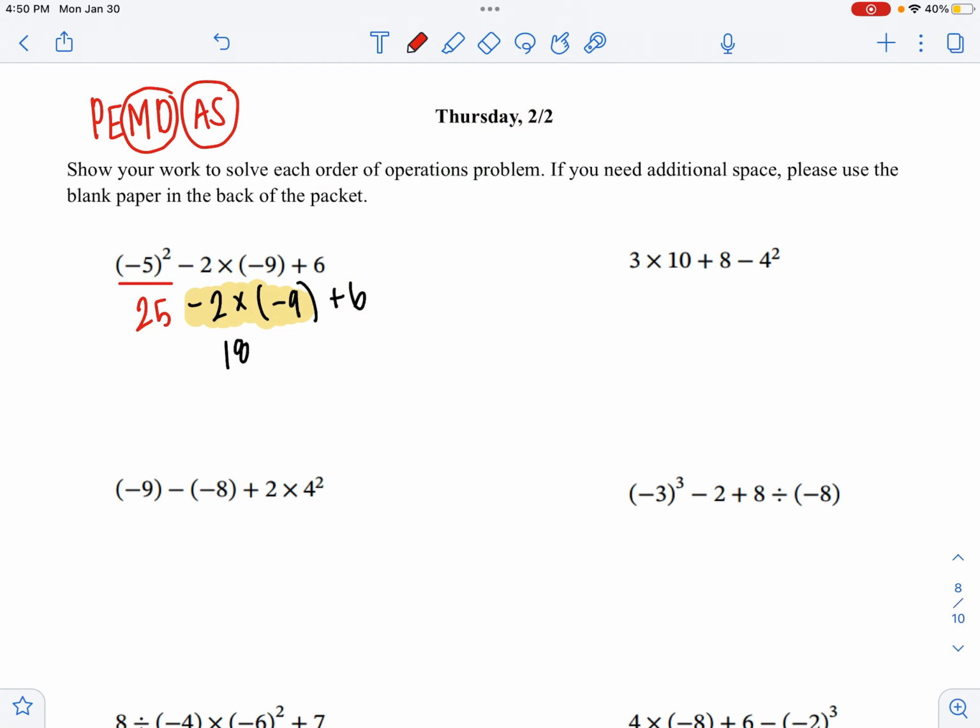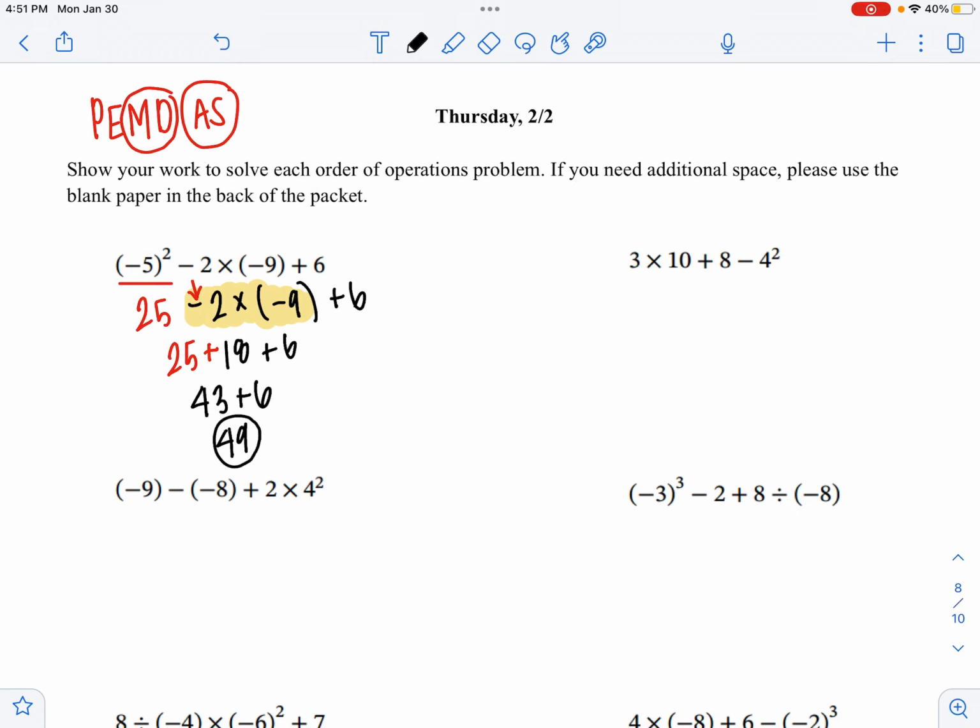And so now we have positive 18, so it turns into a plus because we were subtracting, but we multiplied a negative times a negative, which gives us a positive, and we're adding that to 6. And so we end up with 25 plus 18 plus 6, so 25 plus 18 is equal to 43, plus 6 is equal to 49.